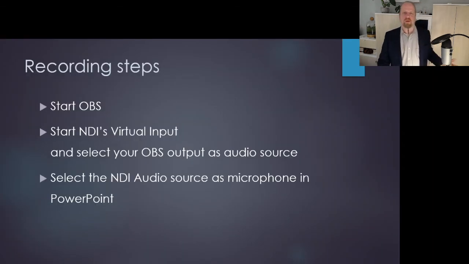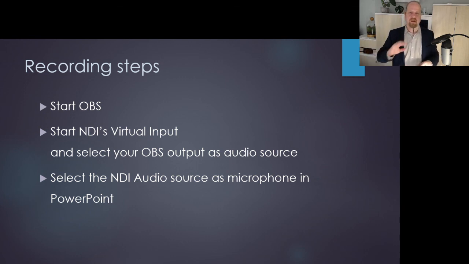So when you want to use your microphone with the noise filter in your PowerPoint recordings, what you do is you first start OBS, you then go to the scene that has the microphone with the voice filter in it. You then start your NDI virtual input, select your OBS output as the audio source for the virtual input.